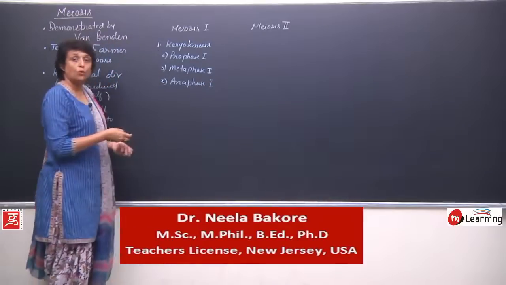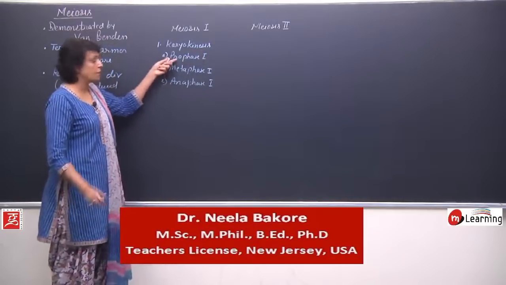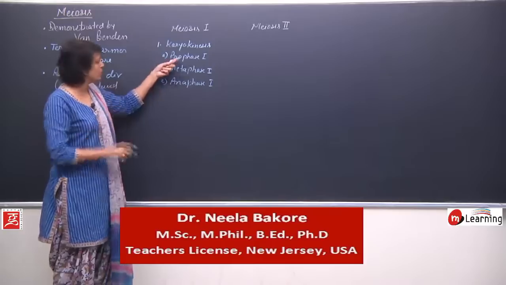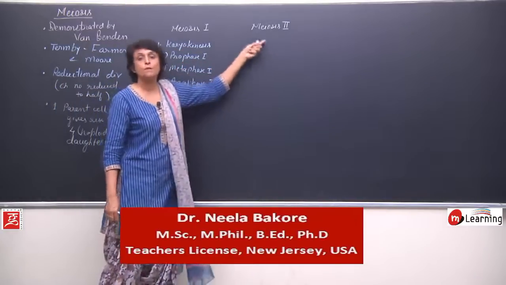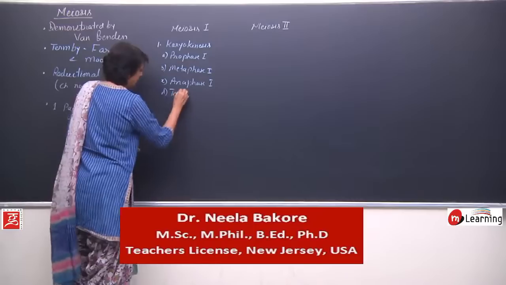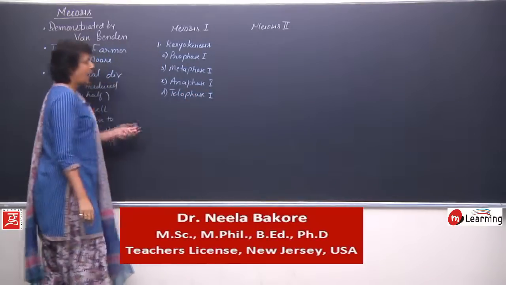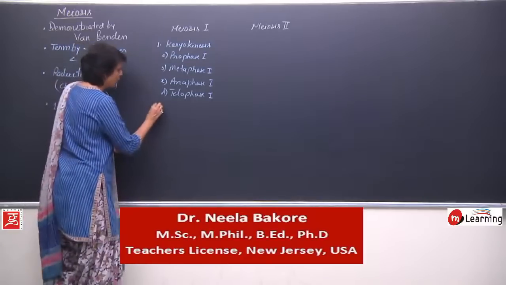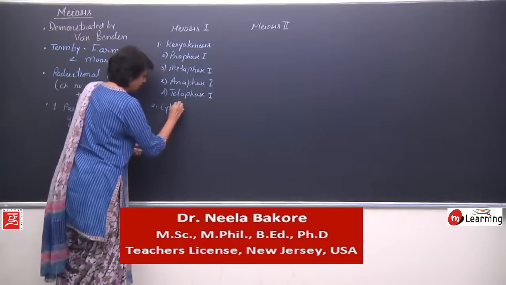Names are same, only the numbering tells us that it is a part of meiosis 1. So if we write simple prophase, the indication is it is of mitosis, prophase 1 is of meiosis 1 and prophase 2 will be of meiosis 2. And the last one here is telophase 1. After this, the nuclear division will get completed and it will undergo cytoplasmic division, so cytokinesis.